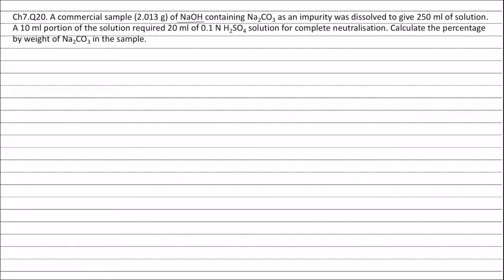Let the weight of NaOH be x gram and therefore the weight of Na2CO3 will be 2.013 minus x gram.